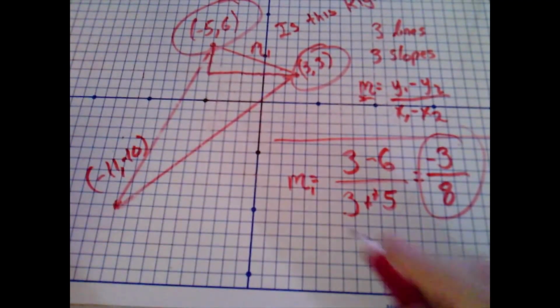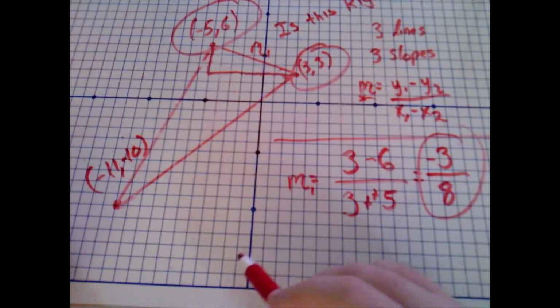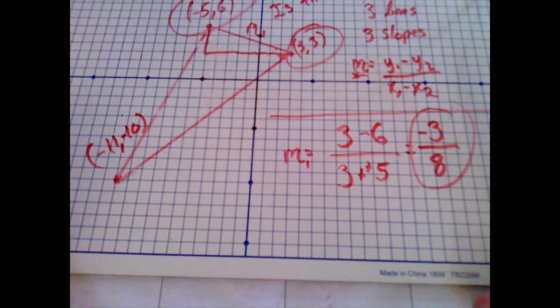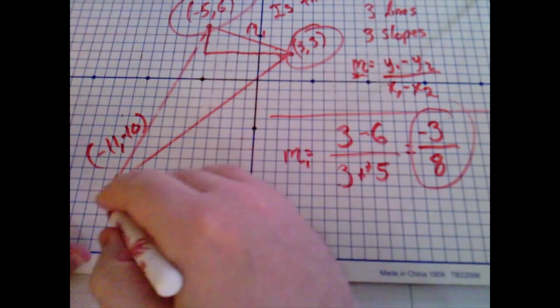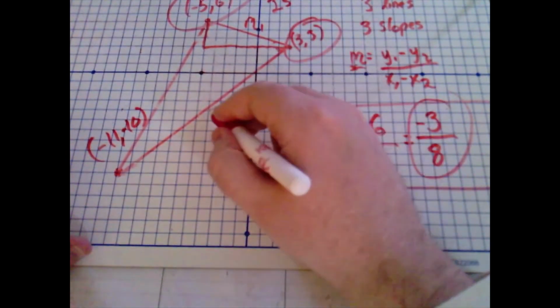Well, I need to determine what the slope here is, and I need to determine what the slope here is. I could count, or I could use the formula. I prefer the formula. Formula seems a little easier, especially seeing how long this is. Okay? So, let's call this m sub 2.